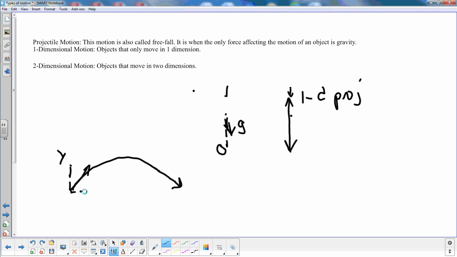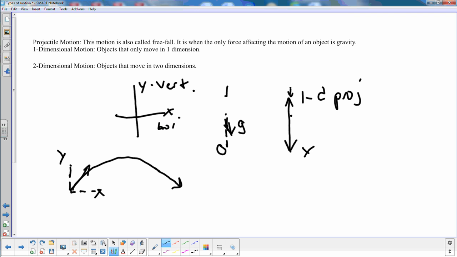Whereas in one-dimensional projectile motion, you only have what we call a y component. That's why when you're sitting in algebra class and they're making you do a graph, you've got the x-axis and the y-axis. In physics we always talk about the y as the vertical axis, and the x being the horizontal axis. If I can spell.